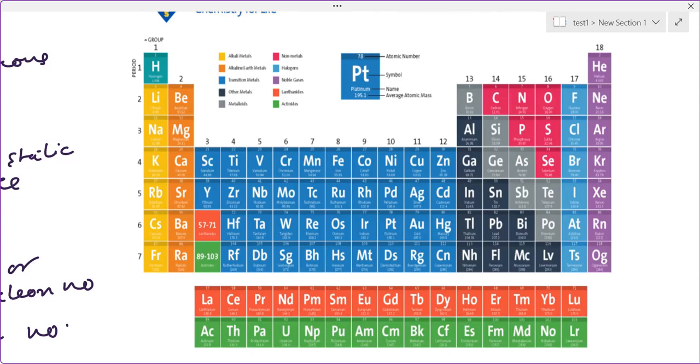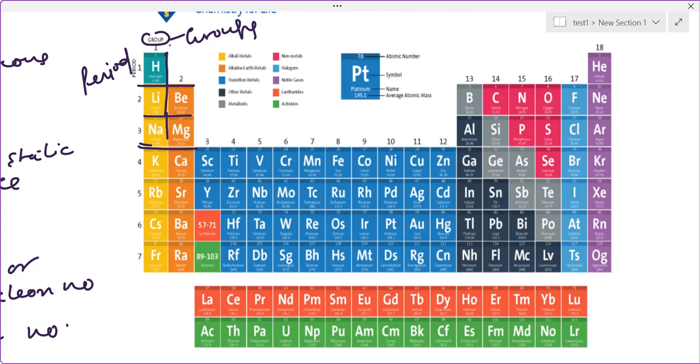Groups are vertical columns. See, these are groups, and these horizontal lines are periods.